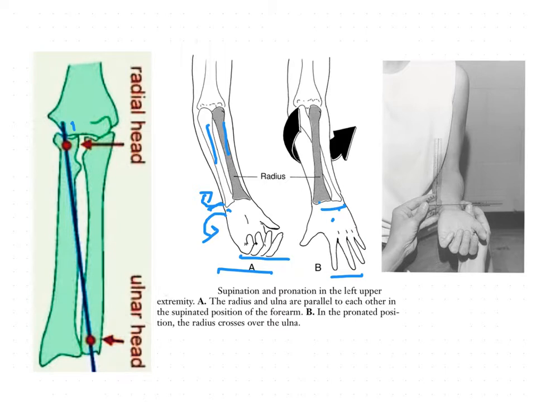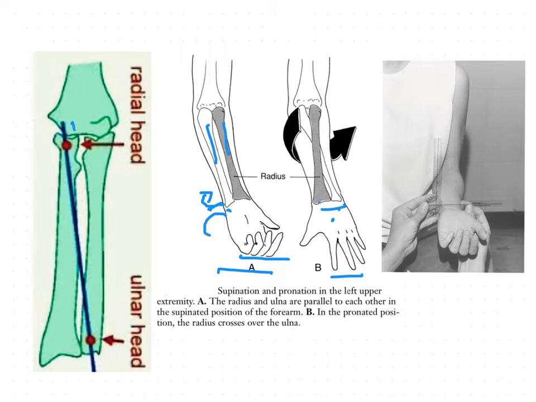During supination, the opposite movement takes place. So it was moving downwards, now it is coming upwards. Upwards means proximally and medially. So this is the movement of the ulnar head taking place during supination and pronation.